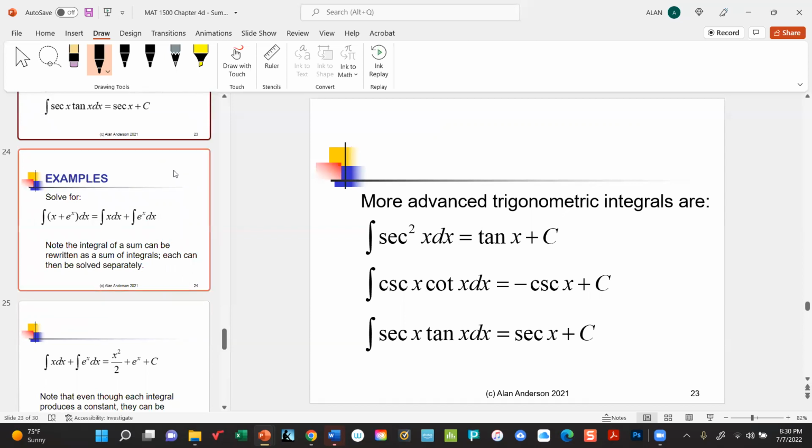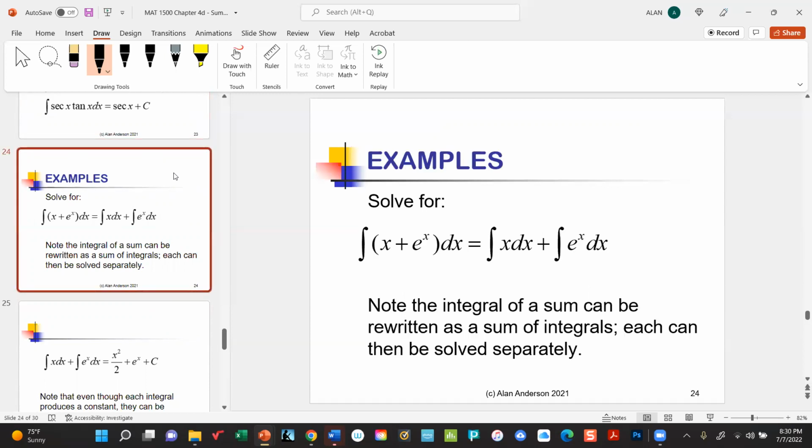But first, let's take a look at this one. You can see now for the first time, we actually have a sum. And so, as you can probably guess, what we can do to make it a little easier to see which rules we should be using is rewrite it as the integral of x dx plus the integral of e to the x dx. And once you've done that, you can look for whatever rules apply.